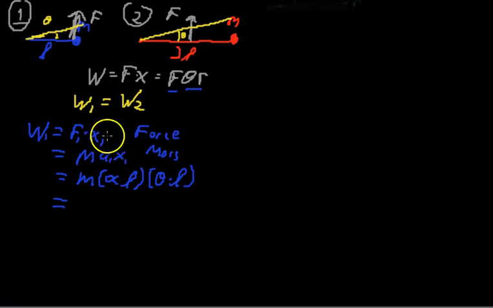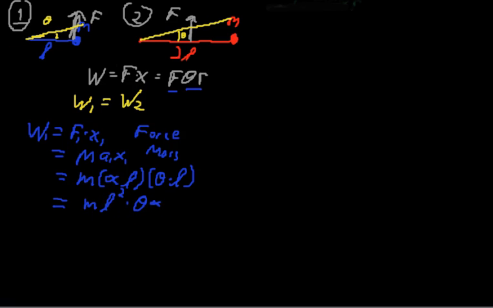So these are actually two different x1s, and I should have been much clearer about that, but I apologize, I was not. They are different because here I'm focusing on the mass. So we have alpha times L, theta times L. Now if I multiply the mass by those things, I end up getting mL squared times theta alpha.